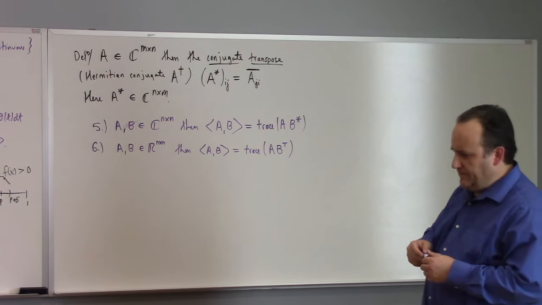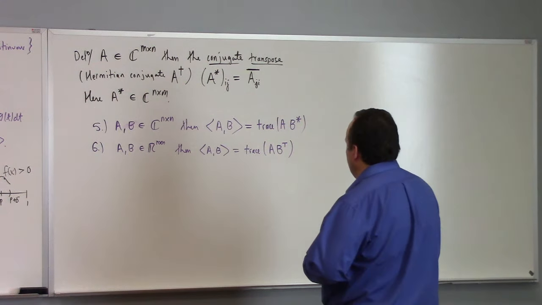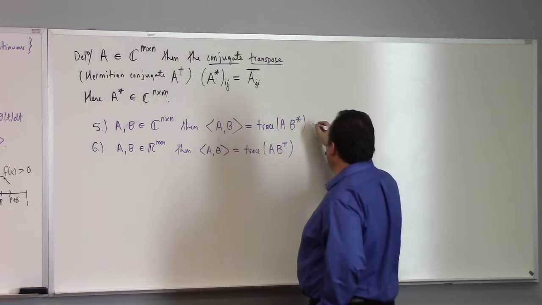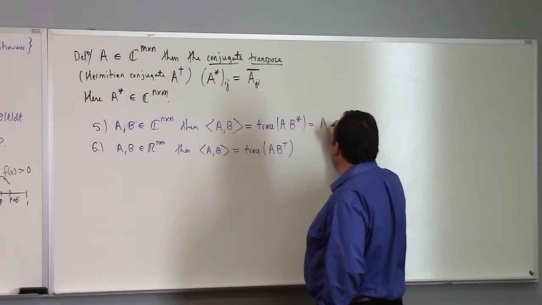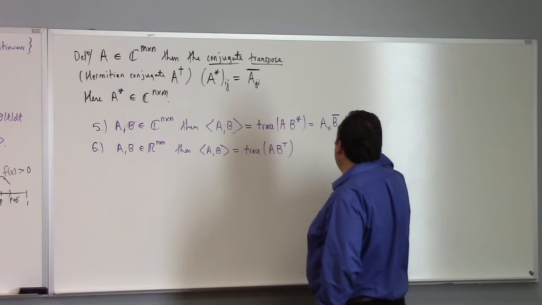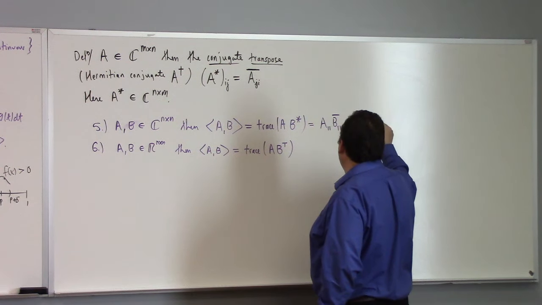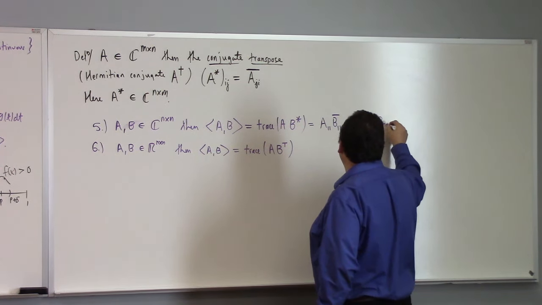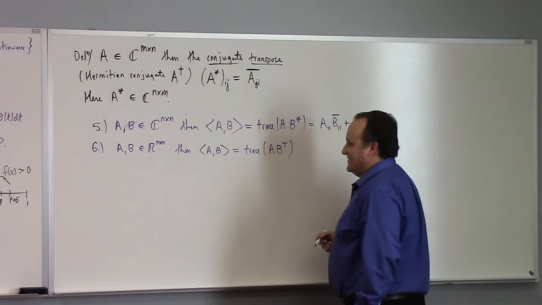Now, when you actually work this formula out, what it works out to is A1,1 B1,1 conjugate plus dot, dot, dot, plus ANN BNN conjugate.